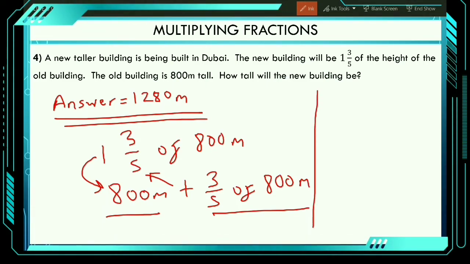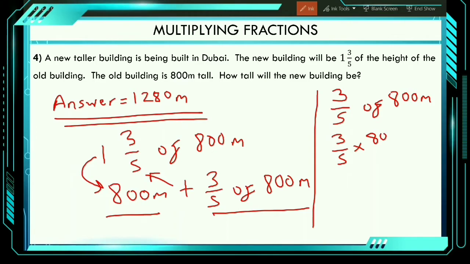So let's do the calculation now. 3/5 of 800 meters. So that would be 3/5 multiplied by 800 over 1.